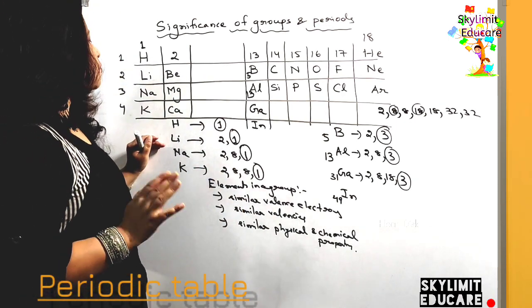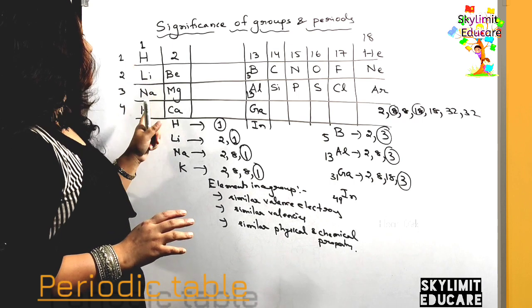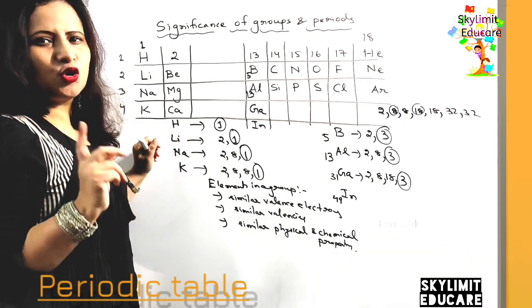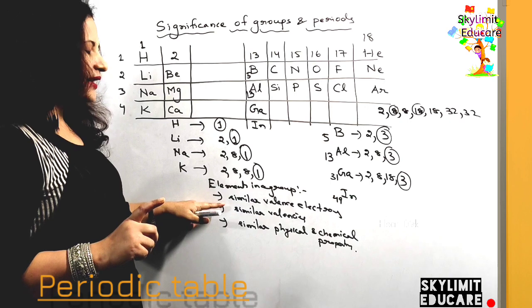And one more thing, students, what you need to understand is that the group number denotes the number of valence electrons. Like group 1, the elements falling in group 1 have 1 valence electron. Elements falling in group 2 have 2 valence electrons. Yes or no? So the group number denotes the number of valence electrons.